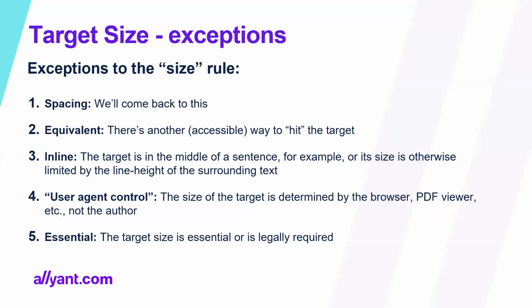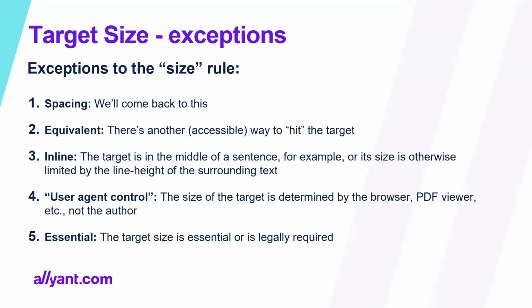The 4th exception is for the user agent control. So this one, if the size of the target is determined by the browser or PDF viewer, for example, and not the document author, then this exception applies, right?